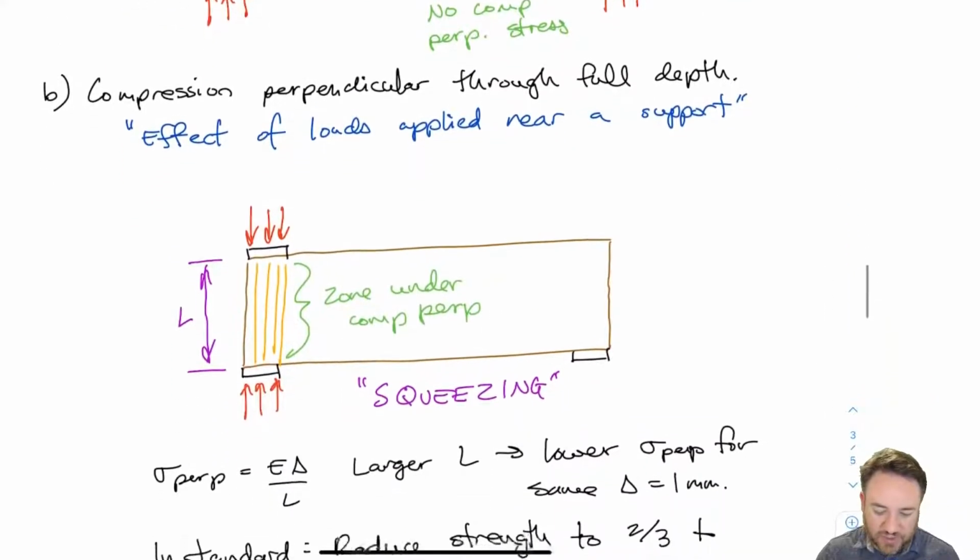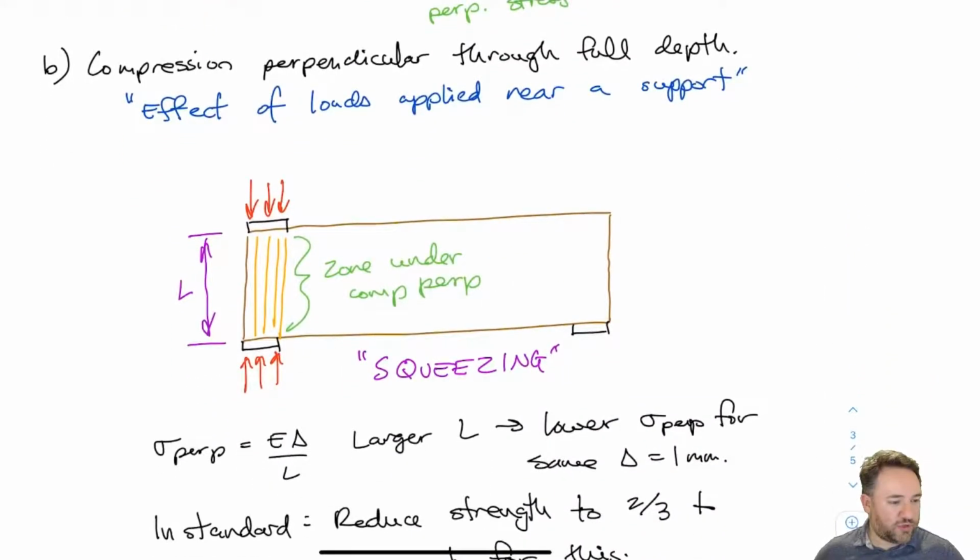And the second case, which is compression perpendicular through the full depth of the member, where the entire depth of that member is experiencing that compression stress. And in that case, we have a very long L, which means that we're going to get more deflection for the same amount of strain.